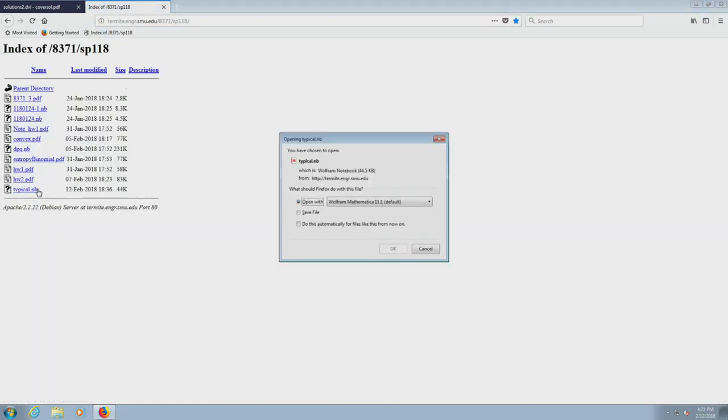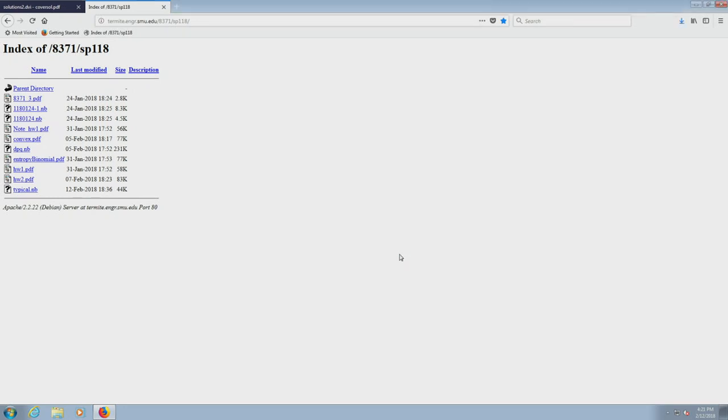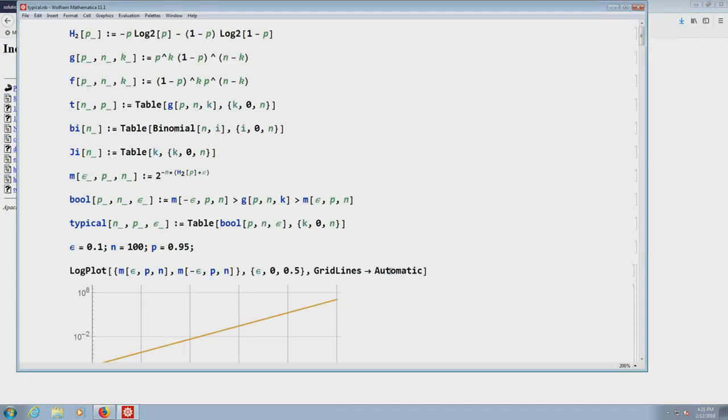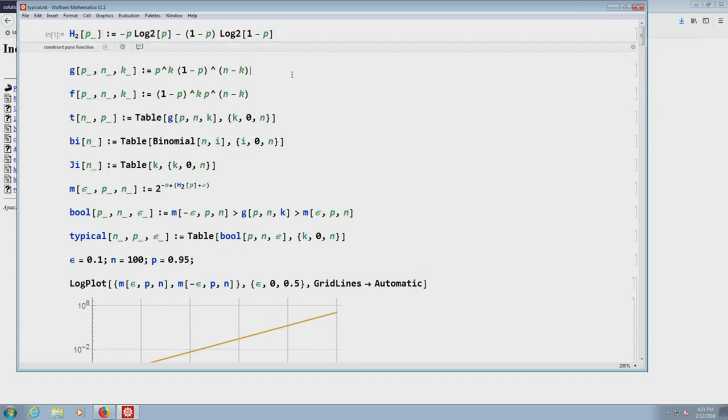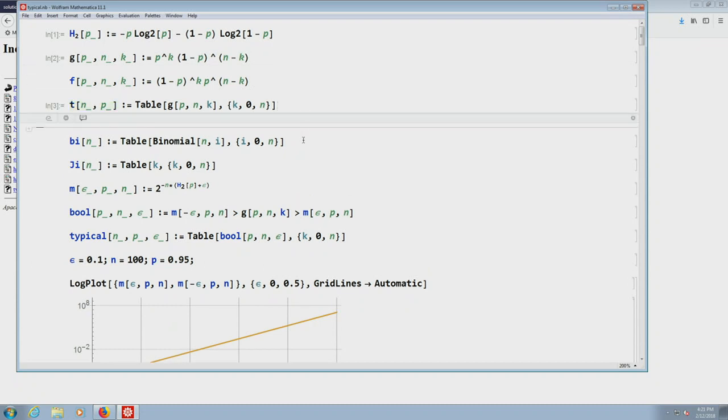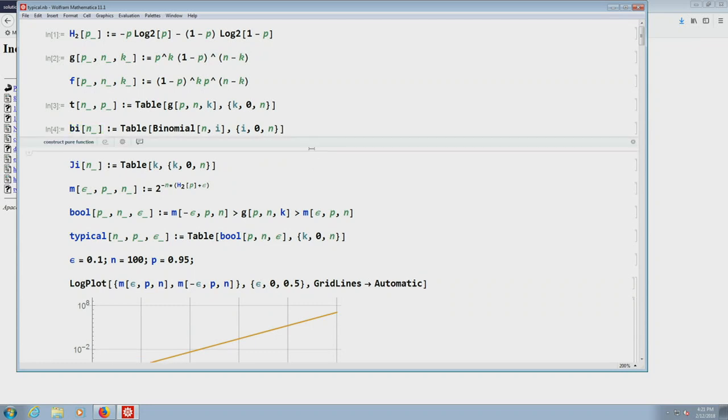Oh, here's typical. There's our friend typical. Let's run typical. Do that one. That one, I don't need that one. I'm gonna build a table. Here's a binomial.